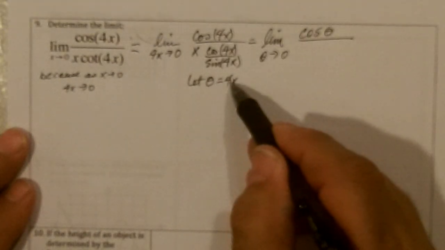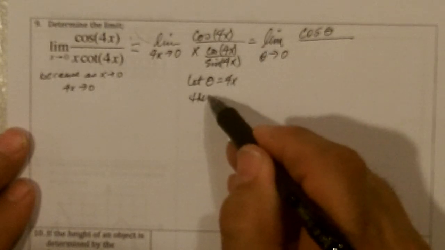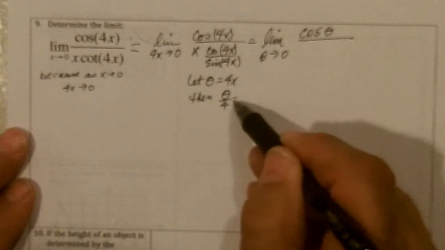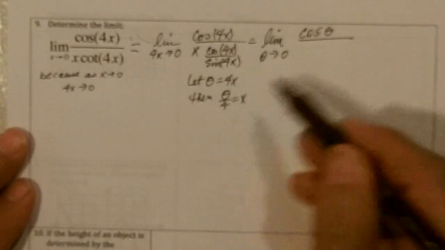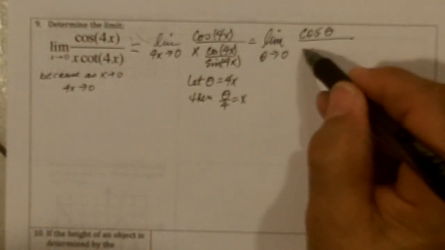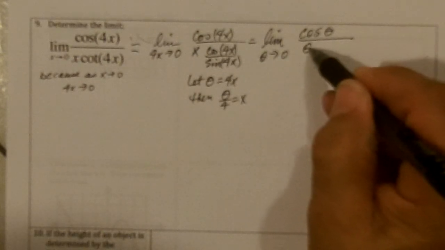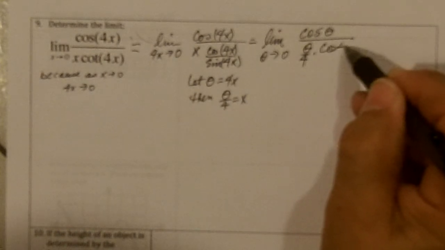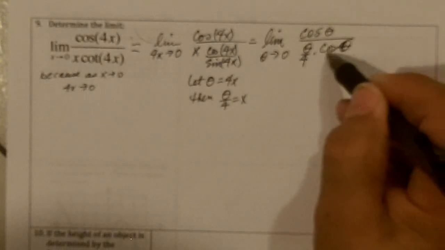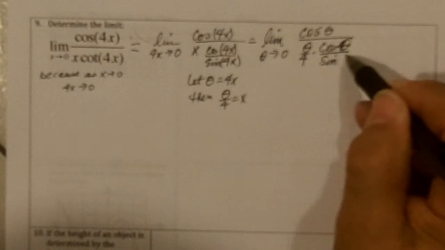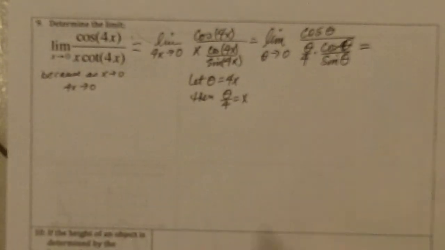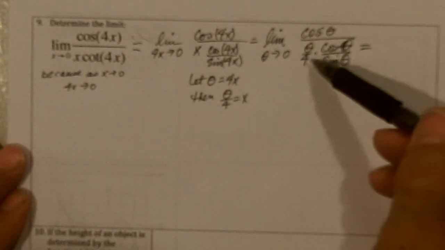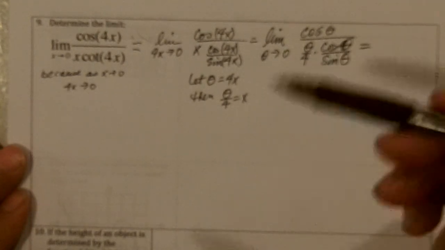If theta is 4x, then theta divided by 4 is what x is if we solve for x. So we replace the x with theta over 4 times cosine theta over sine theta. And now let's take a look at what that is. So I'll invert these fractions in the denominator. I'll invert and multiply them.